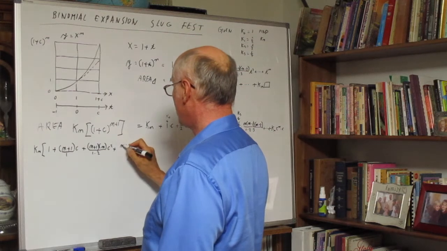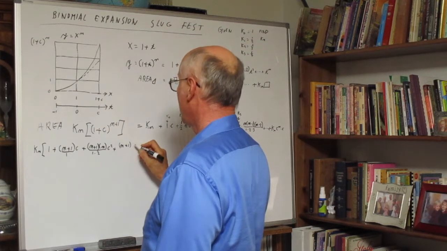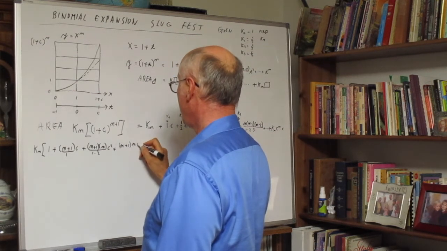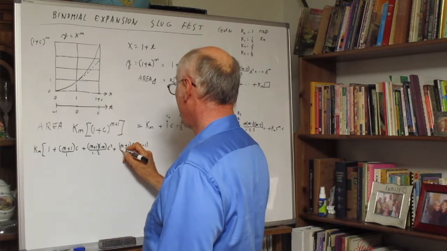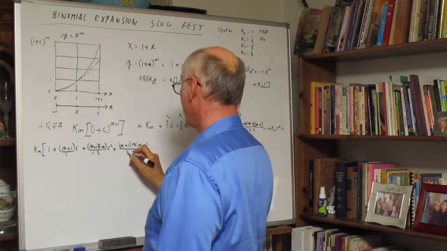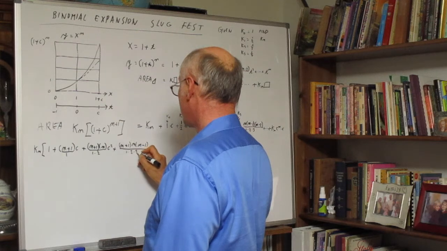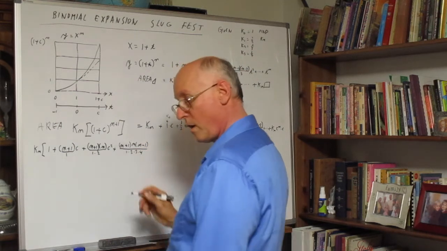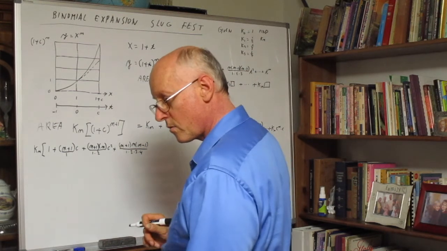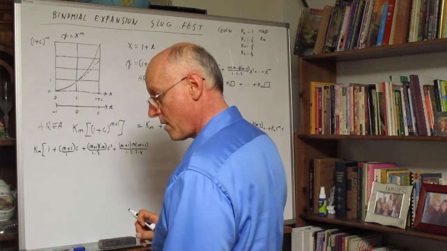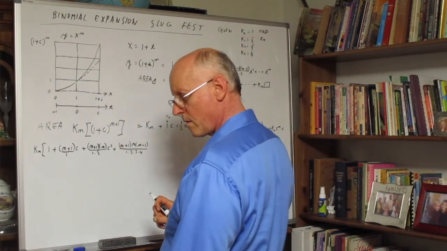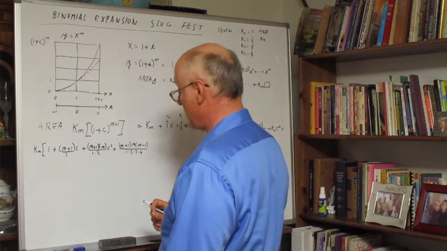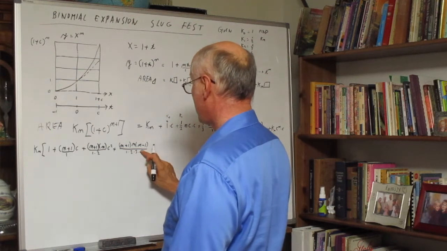N plus 1, n minus 1 over 1 times 2 times 3 times 4. Is that right? Yeah. Something's wrong here. Times 3.